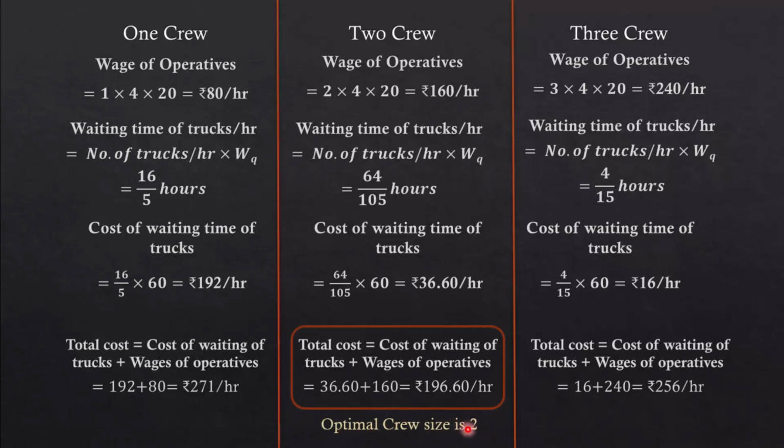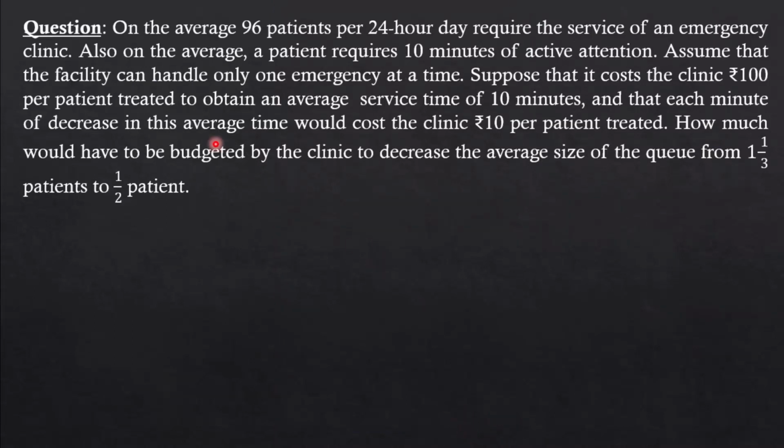Now let us move on to the next problem, and here the problem says that on the average 96 patients per 24-hour day require the service of an emergency clinic. Also, on the average, the patient requires 10 minutes of active attention. Assume that the facility can handle only one emergency at a time.